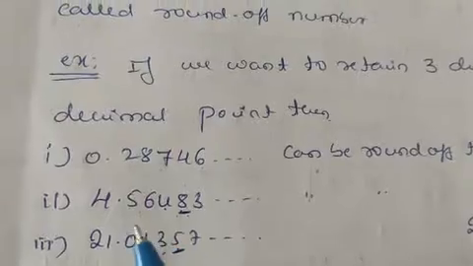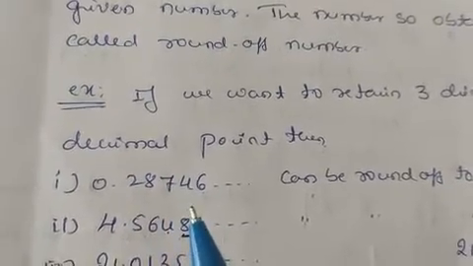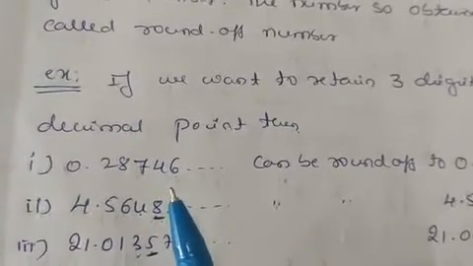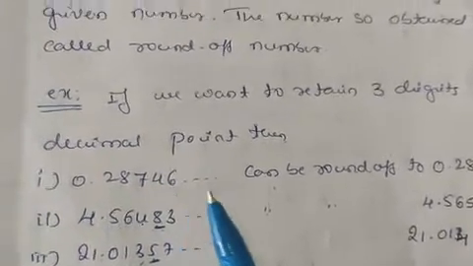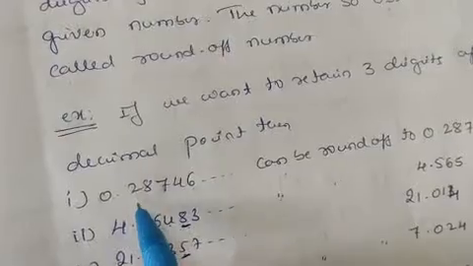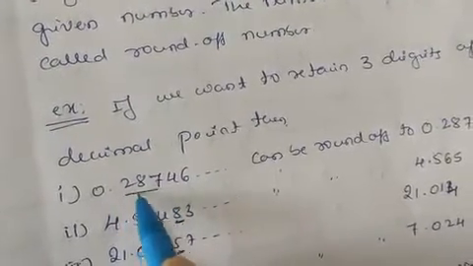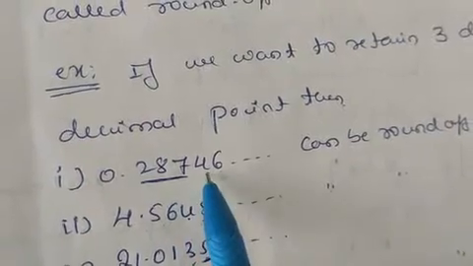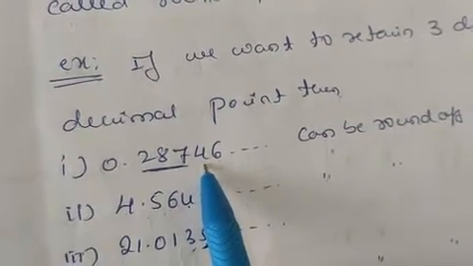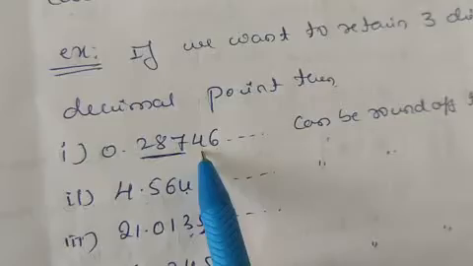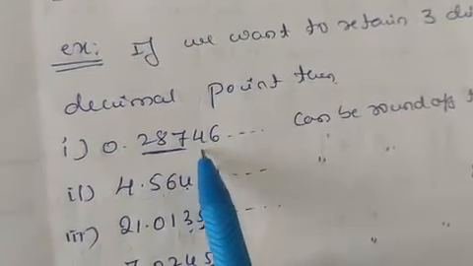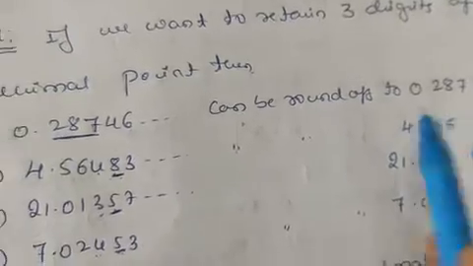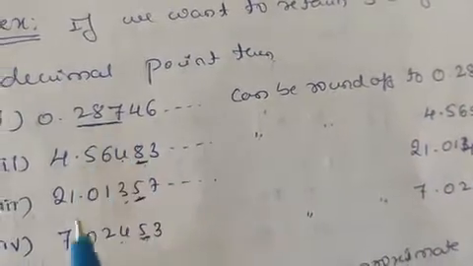Suppose we have the number 0.28746 and so on. We want to round off only up to 3 digits after the decimal point. After 3 decimal places you have to check the next number. If this number is less than 5, then we can neglect it and write 0.287.